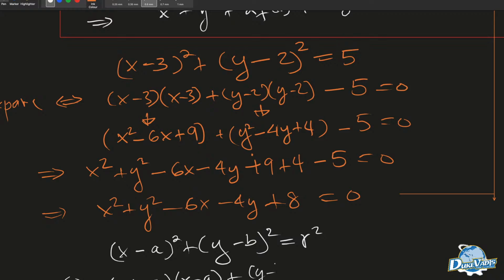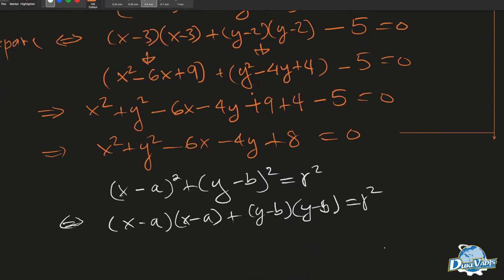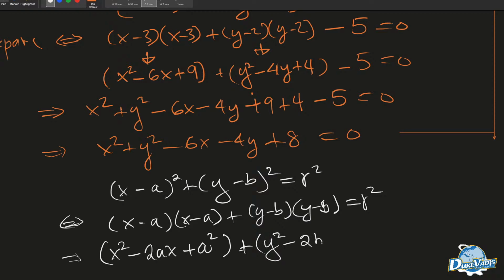Like the way we did to this part, we can say that this is x squared minus 2ax plus a squared, and this is y squared minus 2by plus b squared minus r squared is equal to 0.